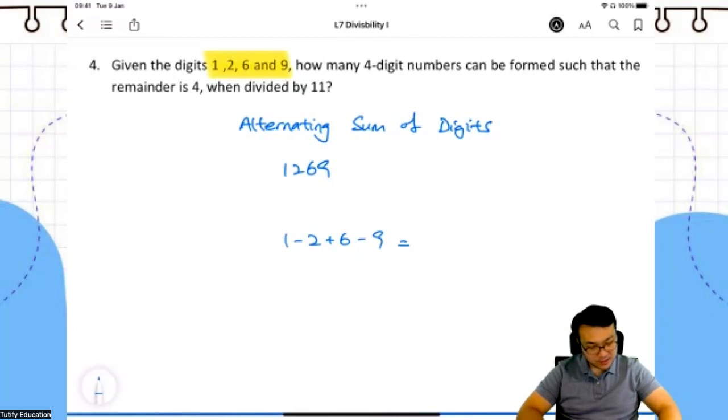So if I have 1269, what do I get? 1 minus 2 plus 6 minus 9. Then you will get negative 5?